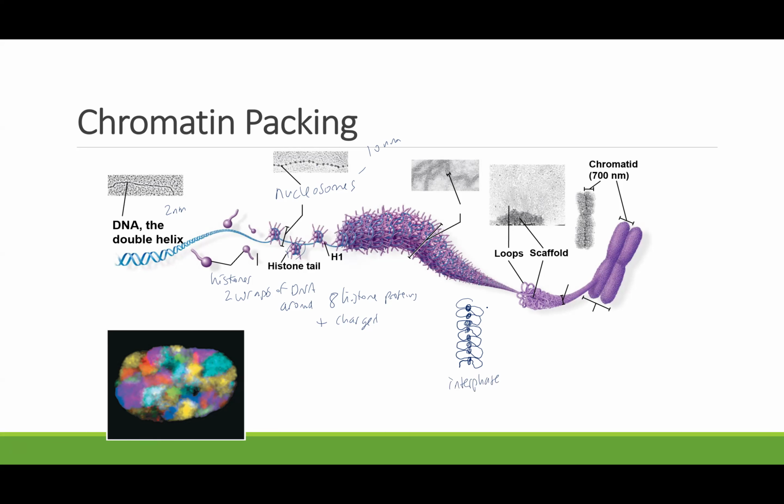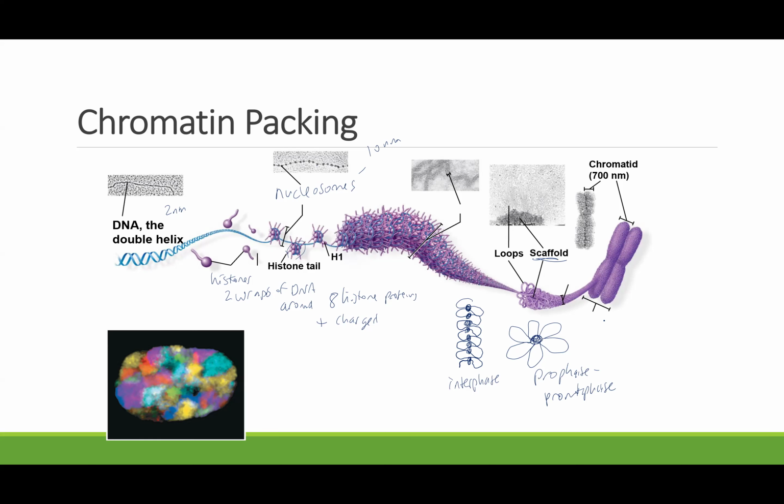as these loops start to loop upon themselves and they make, I'm not an artist. You can see why I didn't major in art. They make more of a flowery kind of structure where you've got scaffolding proteins on the inside. And this is what you would see as we get into prophase and prometaphase, as the DNA starts to condense, and then those can actually wind upon themselves too.